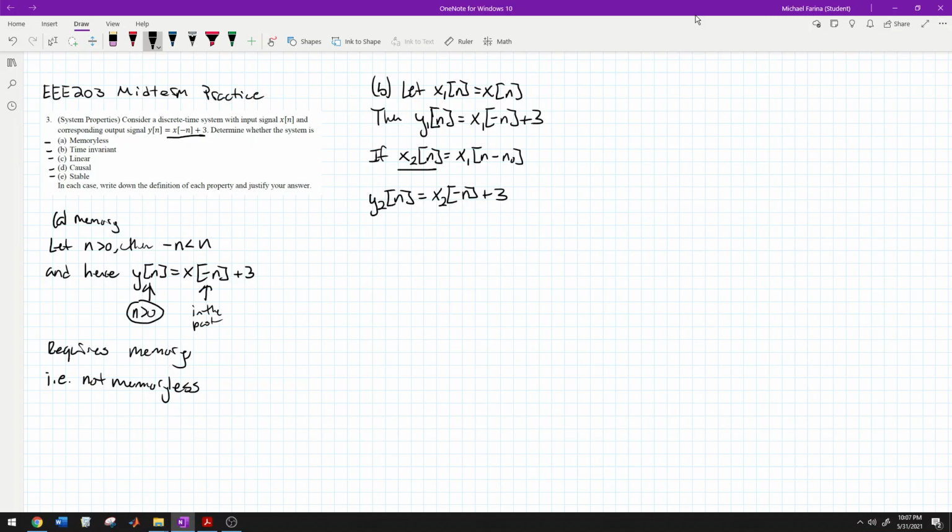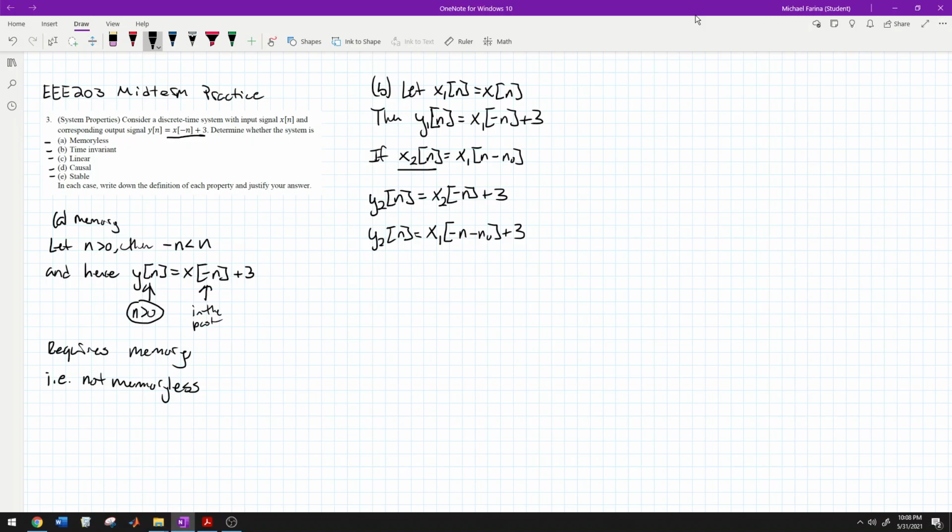If we swap x2 of n out with this right here, then we get y2 of n equal to x1 of negative n minus n sub naught. So we're just shifting it, right?